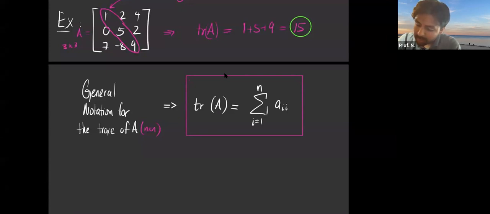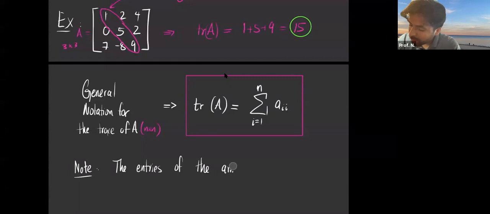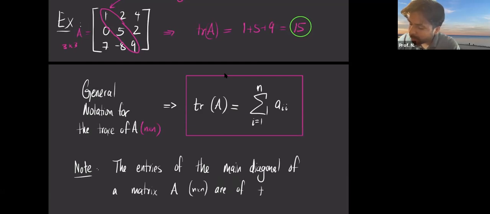And then just to briefly note, the entries of the main diagonal of a matrix A, which is n by n, are of the form A sub ii.